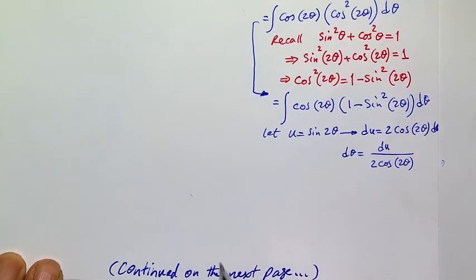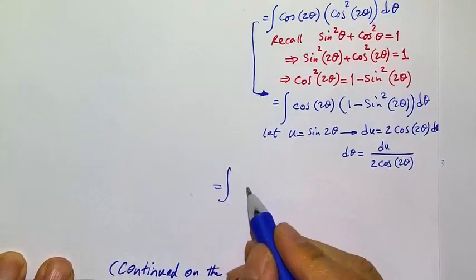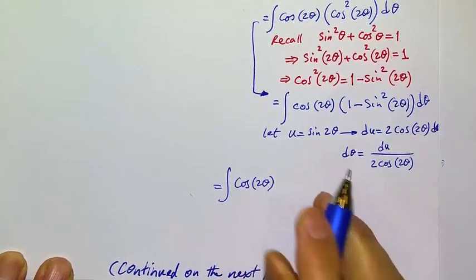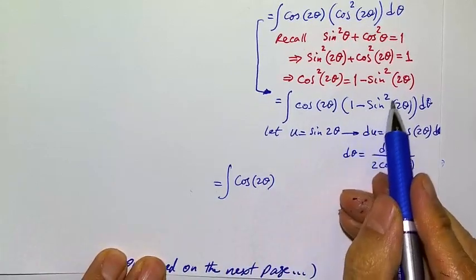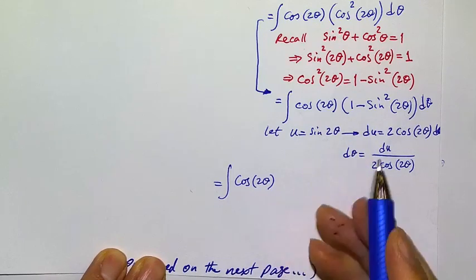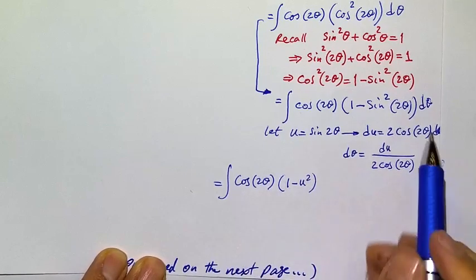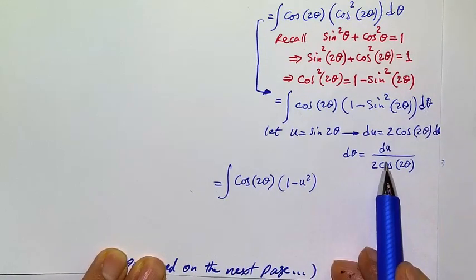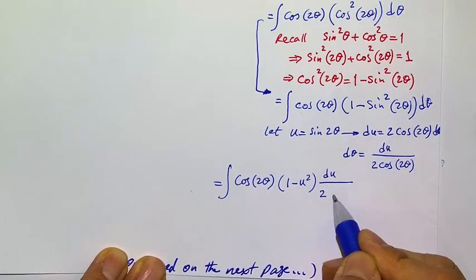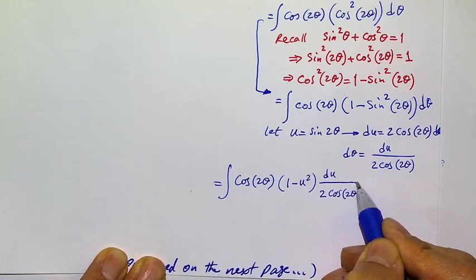So we have the integral of cosine 2 theta times, instead of 1 minus sine squared 2 theta, 1 minus u squared. Instead of d theta, we put this, du divided by 2 cosine of 2 theta.